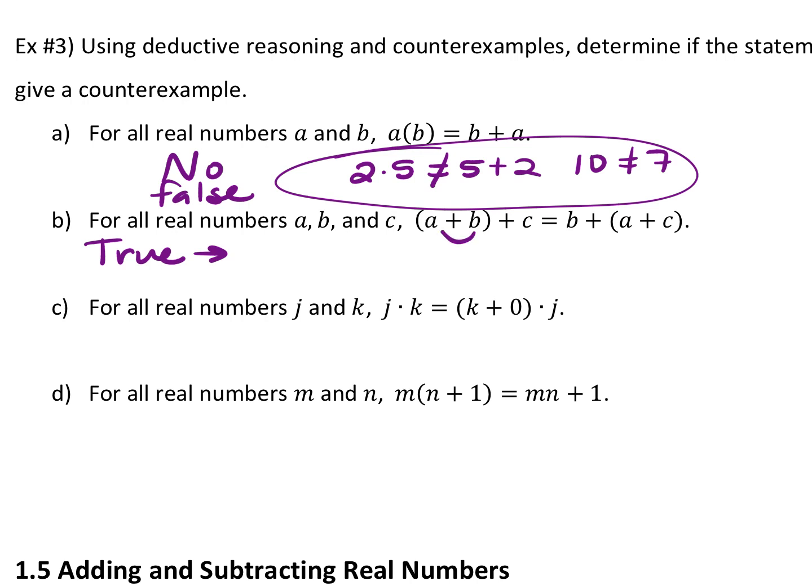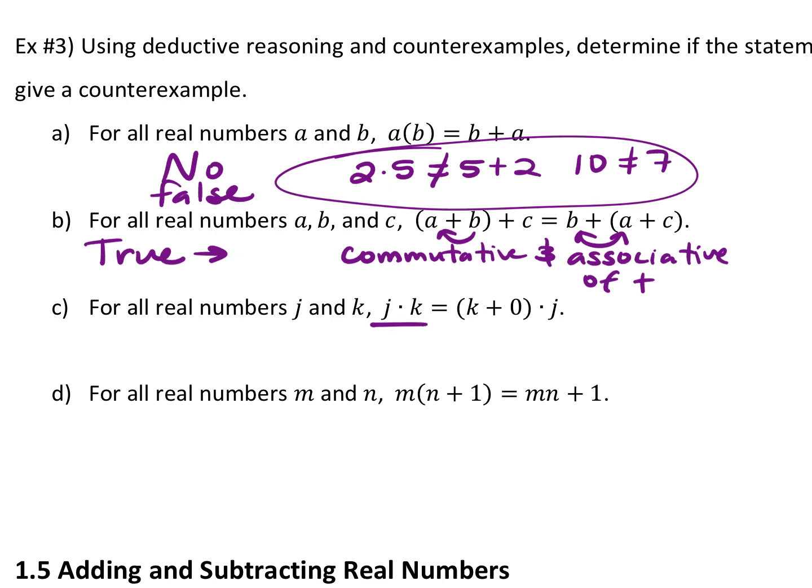So the A and B swapped, and then the parentheses moved somewhere else. So this is actually commutative and associative of addition. Do you see that? So they swapped A and B, and then the parentheses moved from A and B to A and C. Okay, so different order.